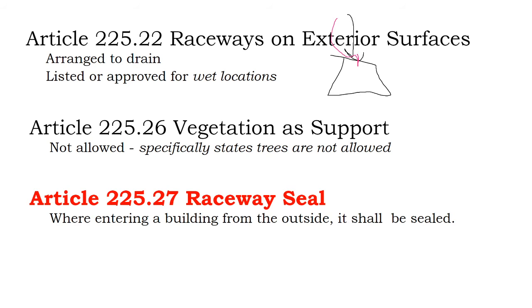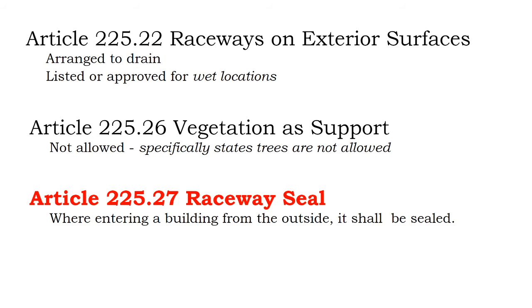The best connection is to go into the bottom side of the box. So here are your cables coming into the box, and any rainwater will just slick off rather than go into the box. So all of your raceways and the wires, and the outside of conduit for that matter, cable, need to be arranged to drain, as well as listed and approved for wet locations.